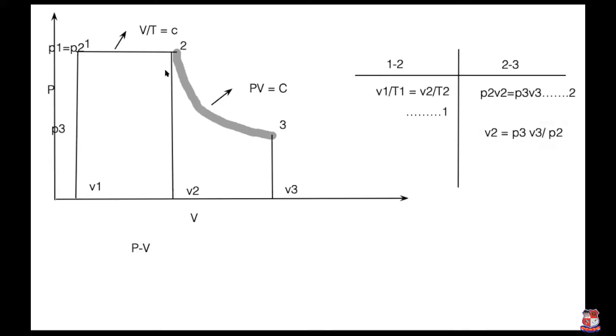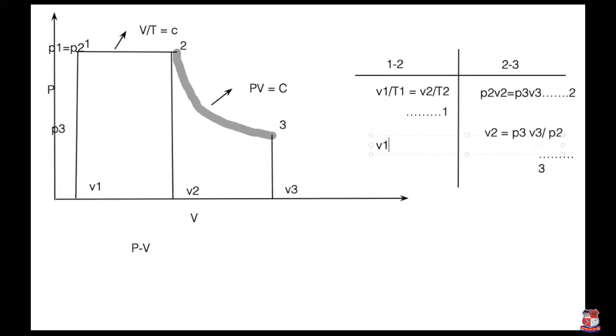Now from the diagram you can see that P2 is equal to P1. Write down the name of this equation as equation number 3. So now if you put the value of V2 into equation number 1, then what happened?